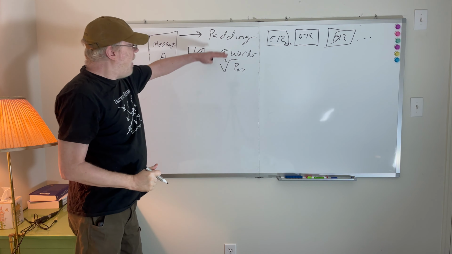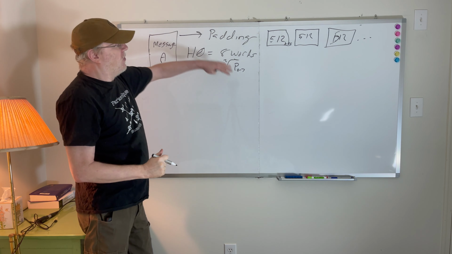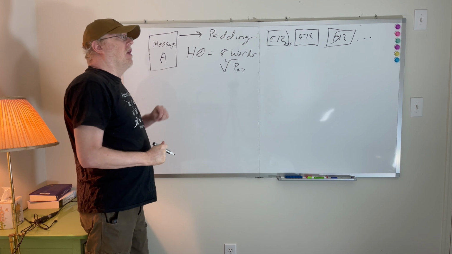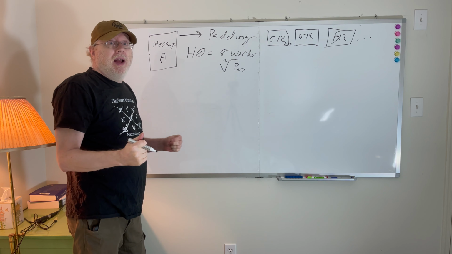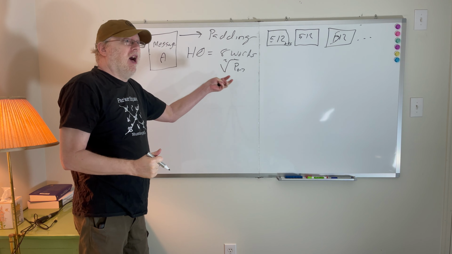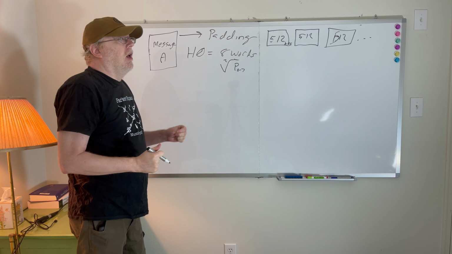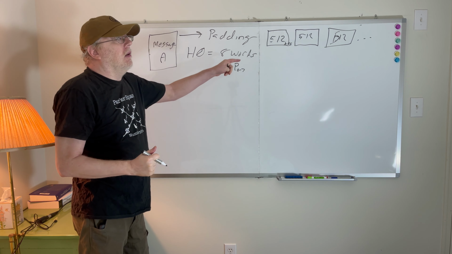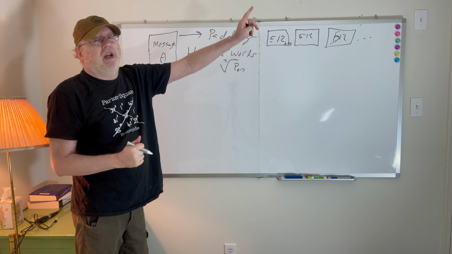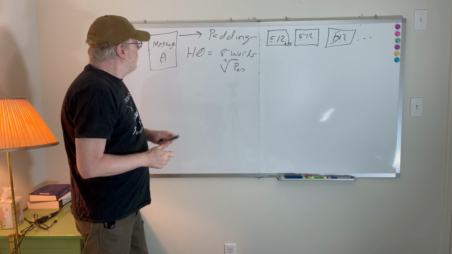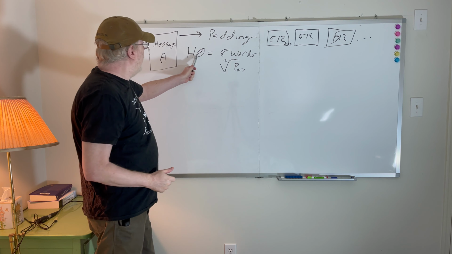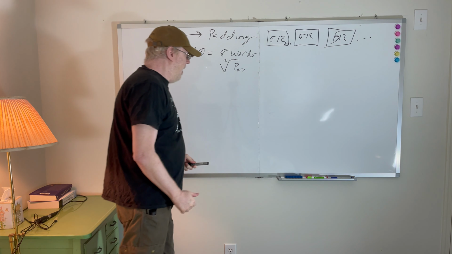They're the fractional parts of the square roots of the first 8 prime numbers, 2, 3, 5, 7, 11, 13, you get the roots. So that's the initial hash value.